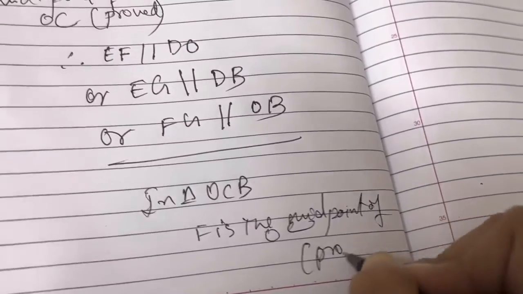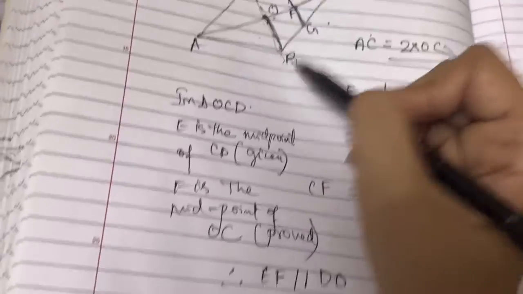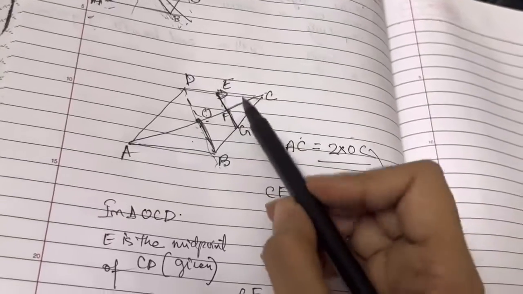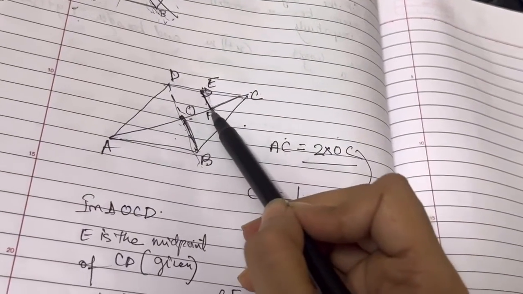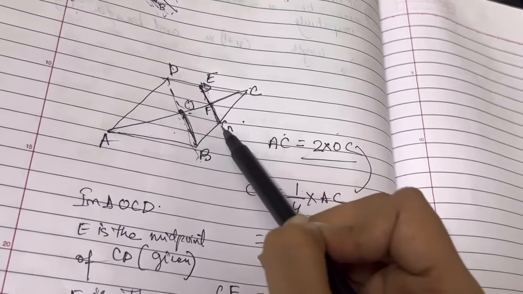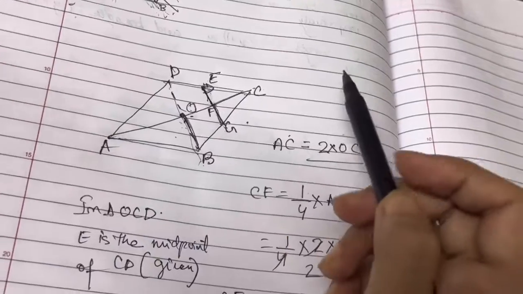F is the midpoint of OC, proved. And also FG is parallel to OB, remember, this is also proved. So, according to the converse of the midpoint theorem, the line drawn through the midpoint of one side of a triangle parallel to the other side bisects the third side. Therefore, G is the midpoint of BC, proved.